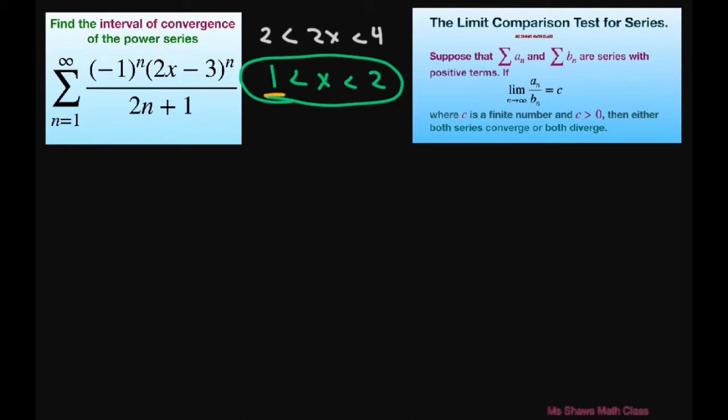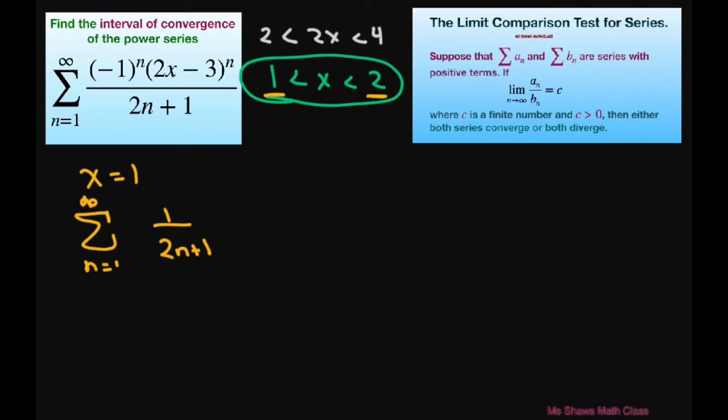We're going to test our endpoints to see if they're convergent or not. So at x equals 1, we're going to have the sum from n equals 1 to infinity of 1 divided by 2n plus 1.